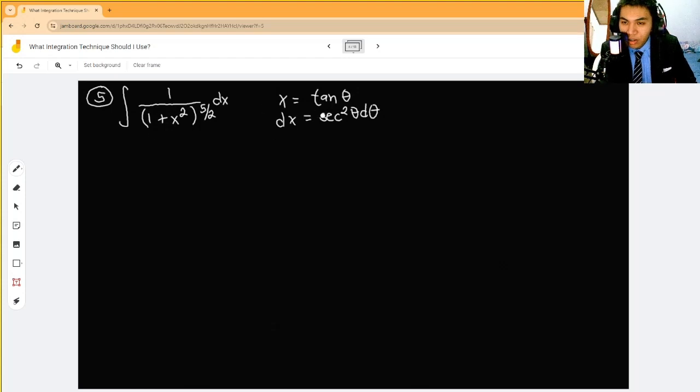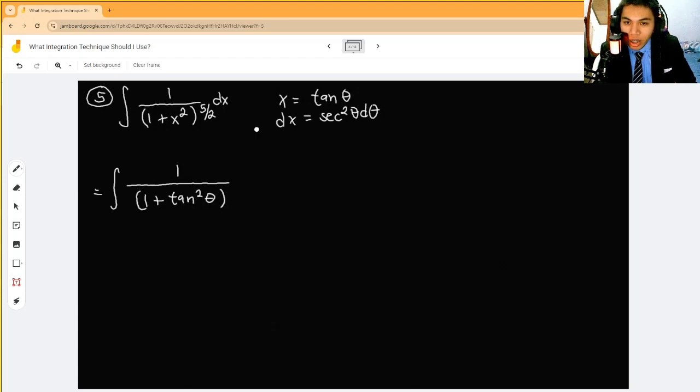Since we did the trig substitution, now we have the integral of 1 plus x, which is tangent. So we have tangent squared theta in the denominator.